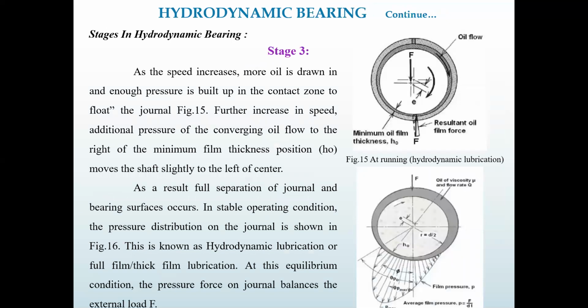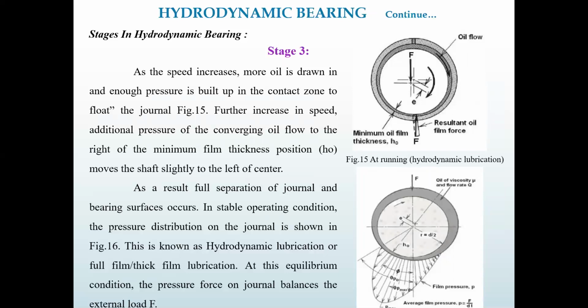Then stage number 3, as the speed increases, more oil is drawn in between the journal and bearing, and enough pressure should be built up. If the pressure reduces, automatically the metal to metal contact will be regained.